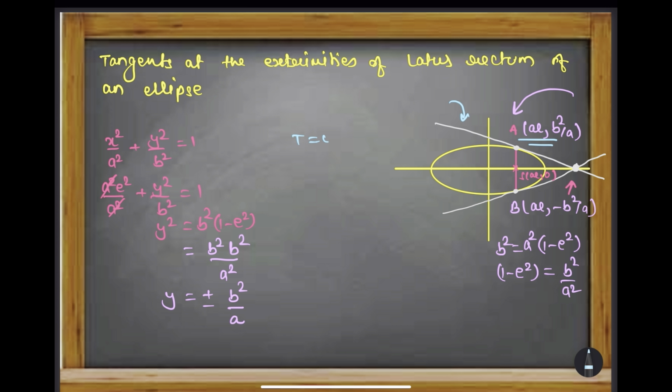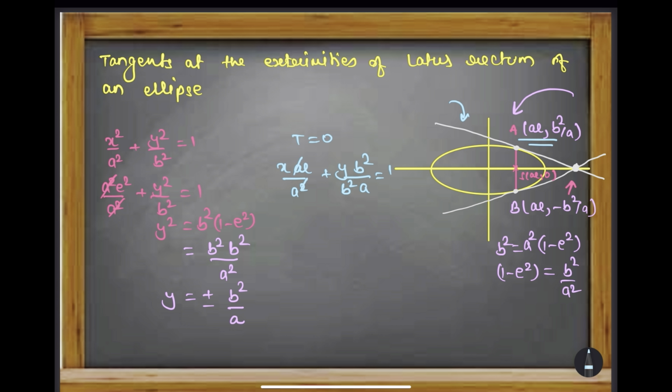T equals 0, done. So can I write x x1 plus y y1 equals 1? Correct?